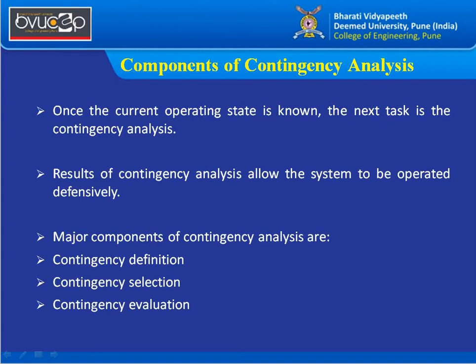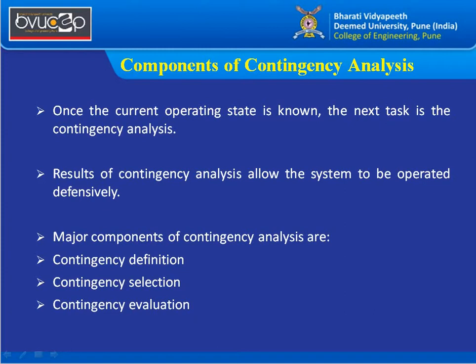That means there will be some problem in the control variables in terms of voltage magnitudes or the frequency. This has to be monitored, so that can be considered as the task. So the result of contingency analysis will allow the operator to operate in a very defensive mode. So we have to defend the power system so that it remains strong.